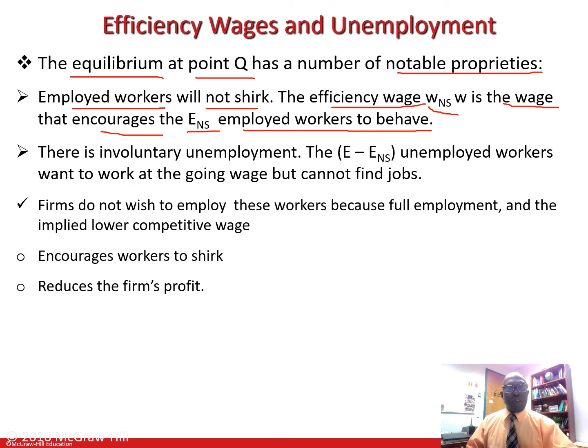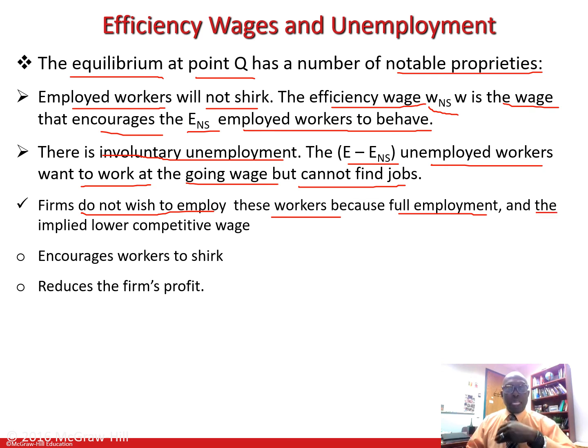Second, there is involuntary unemployment, so the E minus E NS unemployed workers want to work at the going wage but cannot find jobs. Firms do not wish to employ these workers at lower wages, because this will encourage workers to shirk, which will reduce the firm's profit.